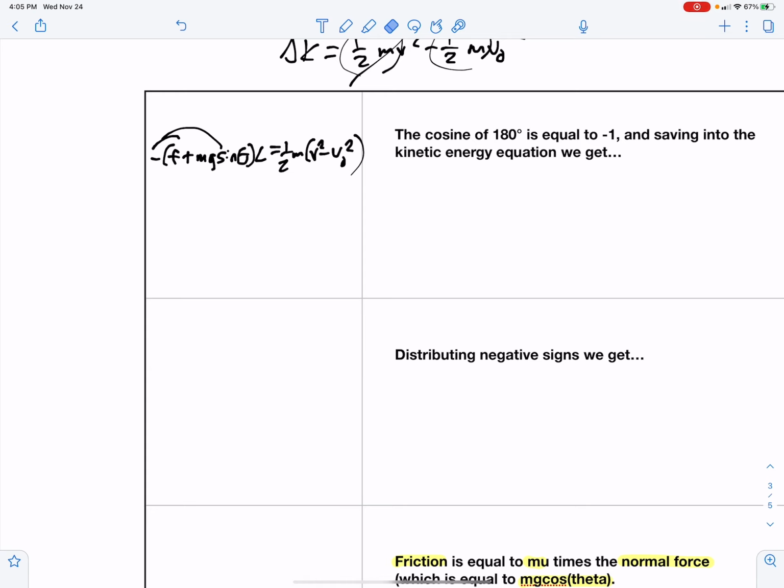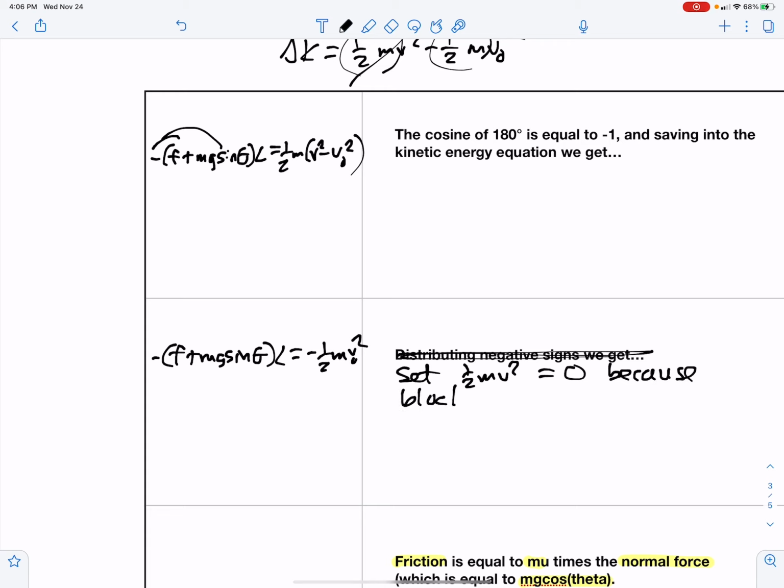So instead, let's keep the negative term out, plus mg sine theta times L, equals negative 1/2 mv naught squared. Let's set 1/2 mv squared equal to 0 because the block comes to rest. And then the negatives will cancel like that.